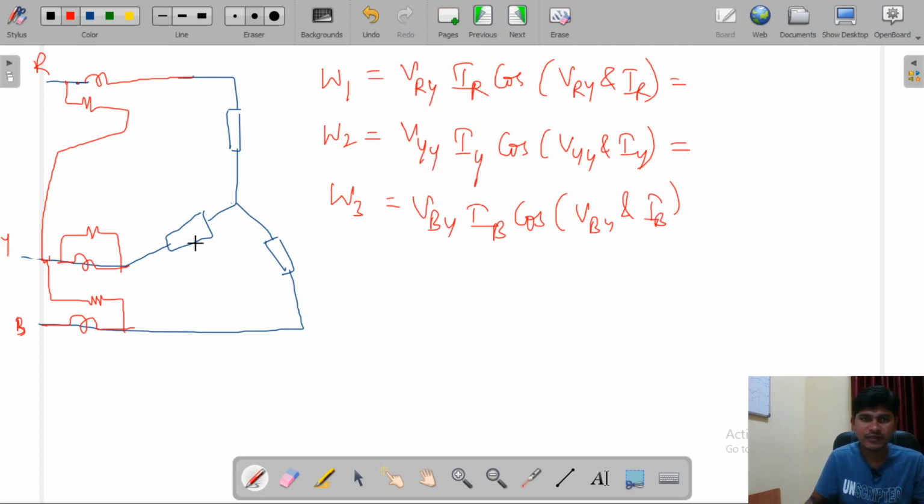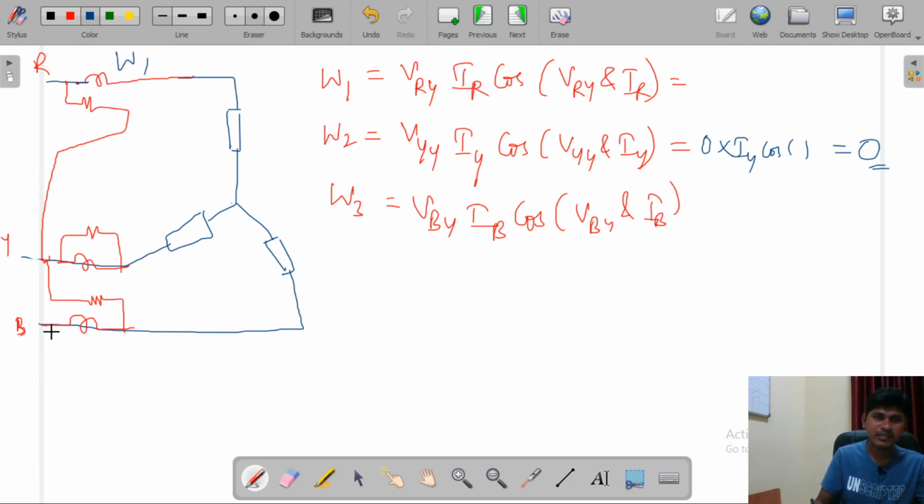Anyhow, the voltage between Y and Y will be 0. So this will be 0 multiplied by IY, and W2 will be 0. Coming to this, it is connected between R and Y. This reads W1.